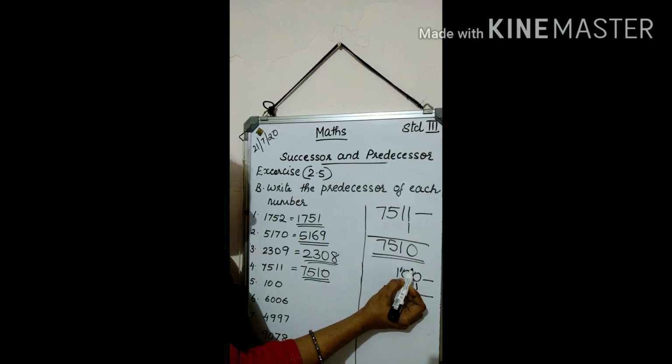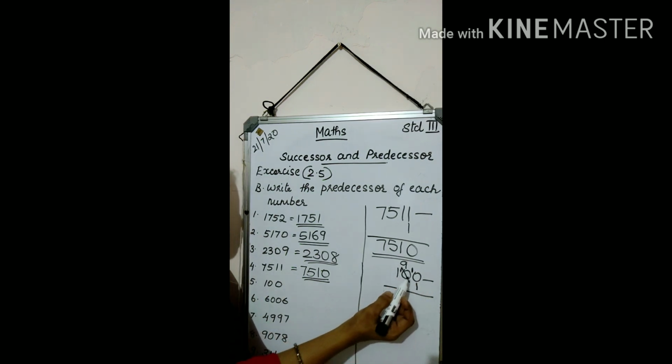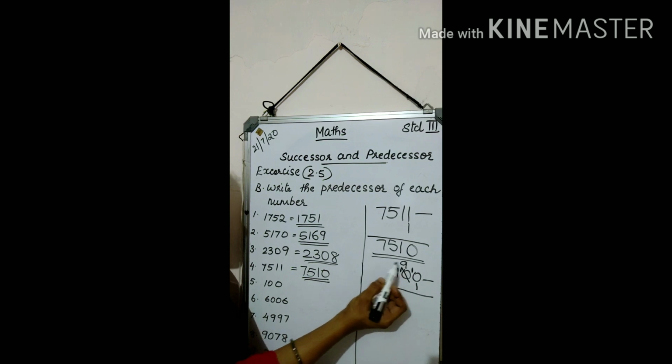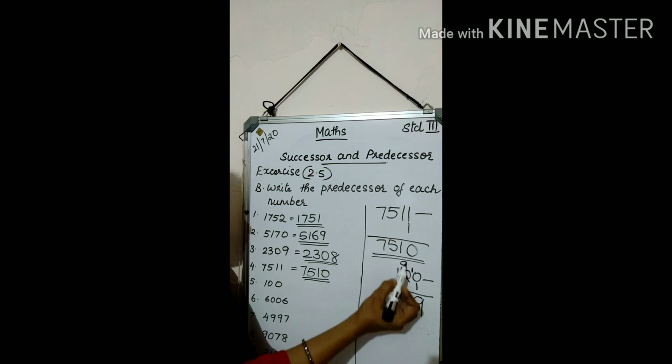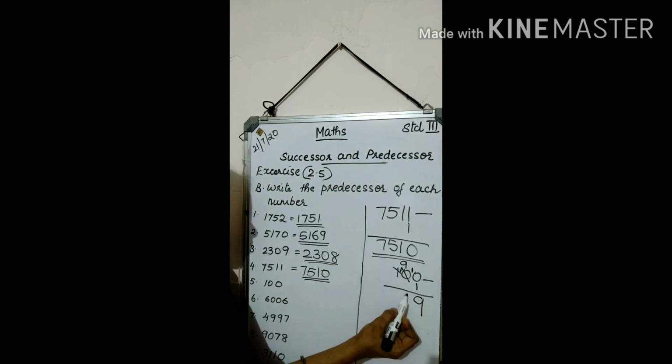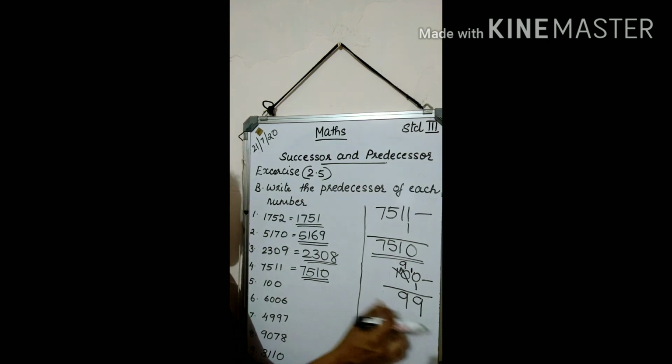While borrowing 1 to here, this number becomes 9. 10 minus 1 becomes 9. So this 0 becomes 10 and this 10 becomes 9. 10 minus 1, 9. This 9 you have to write here. So the answer is 99.